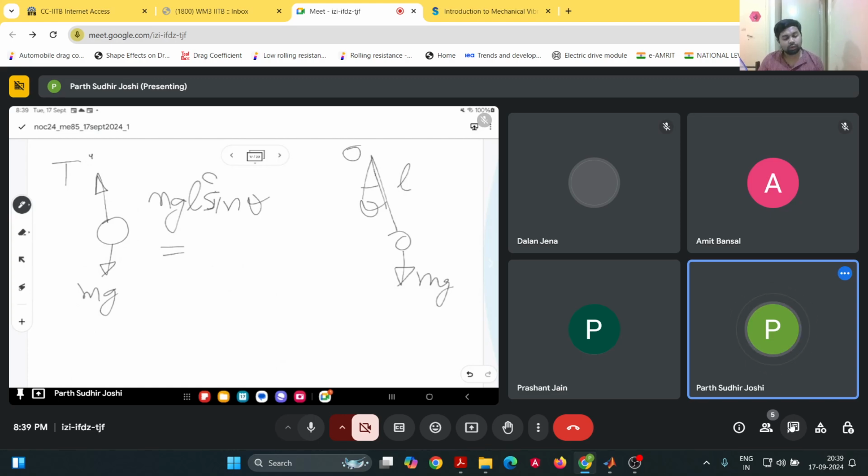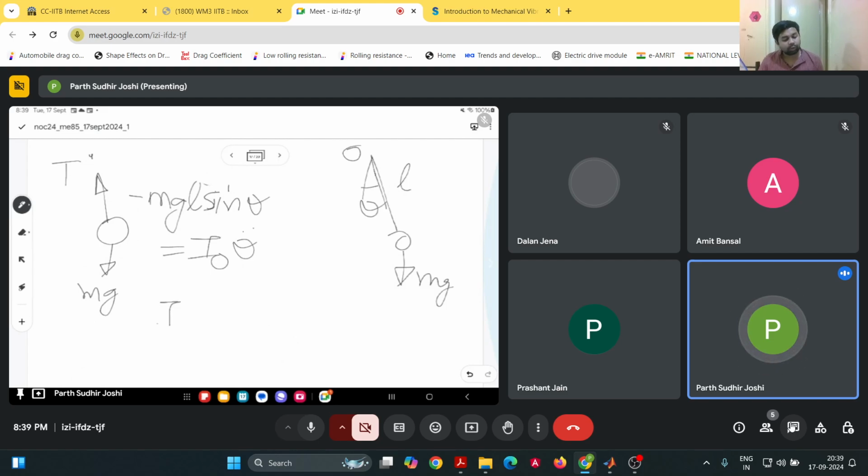This comes out in the clockwise direction, so we write it as minus, and that is equal to the moment of inertia about this point O into theta double dot.